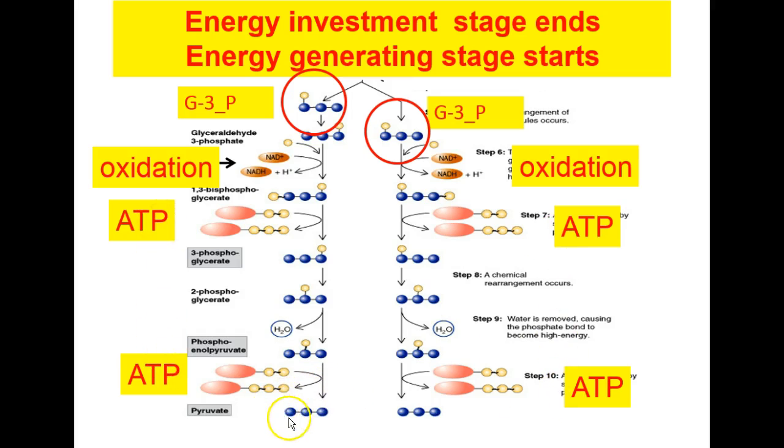The end result will be 3-carbon compounds called pyruvate. Each of the G3Ps will undergo oxidation, 2 dephosphorylations that will end in the formation of a 3-carbon compound called pyruvate.